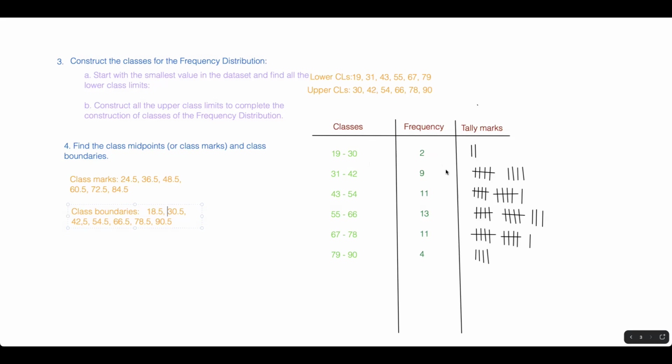For this case, we do know because we constructed the frequency distribution from the actual data set. But let's say you're given a frequency distribution itself, and you don't have the actual data set that was used to construct it.